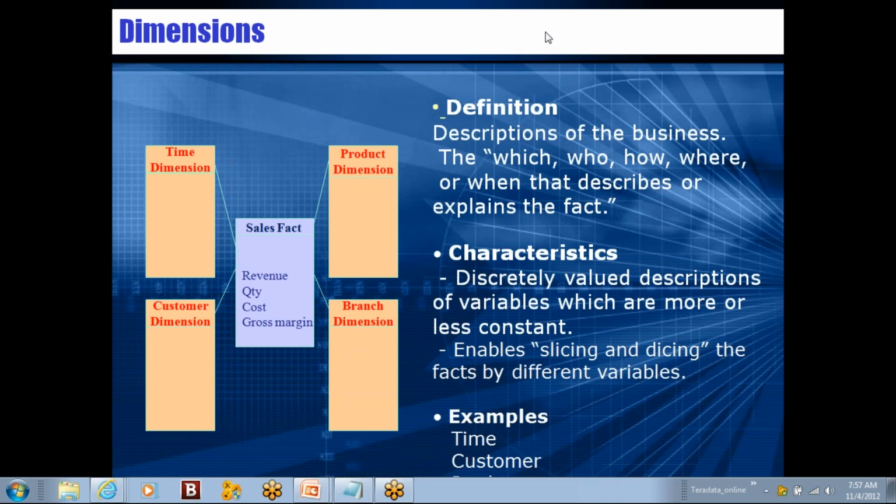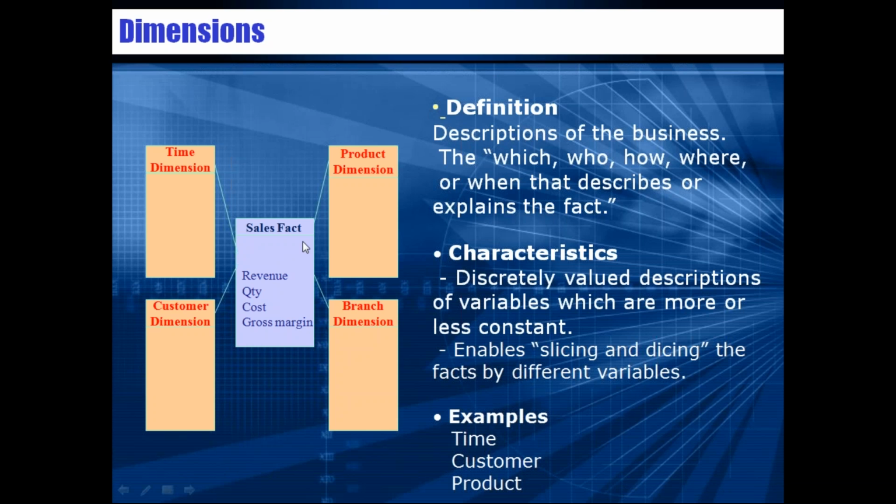So like this, we use the dimension tables to populate. They have very wide rows, fewer rows, and are more or less constant when compared to the facts. And we can do slicing and dicing operations by combining the information of the fact with one customer, which is called slicing. If we add more dimensions, it's called dicing.